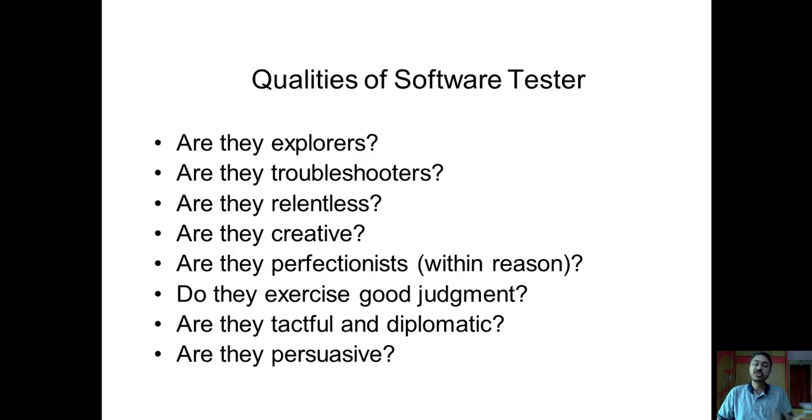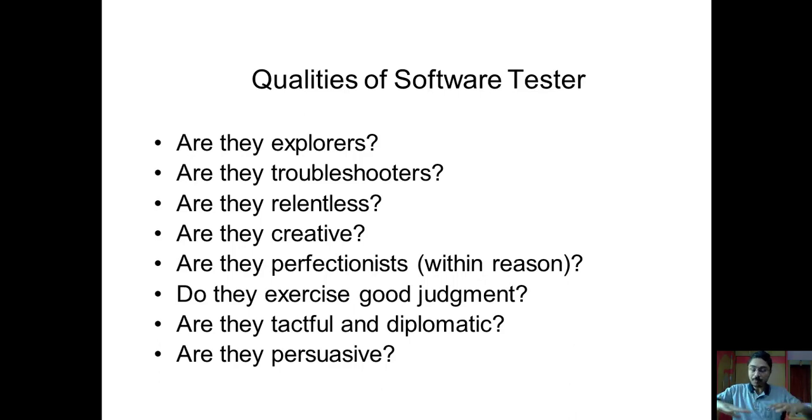Then you should be persuasive. Persuasive in the sense that you should go into the details, and till the end you have to convince them. Suppose you have figured out this is a bug and handed it over to the developer, and the developer says the bug has been fixed.